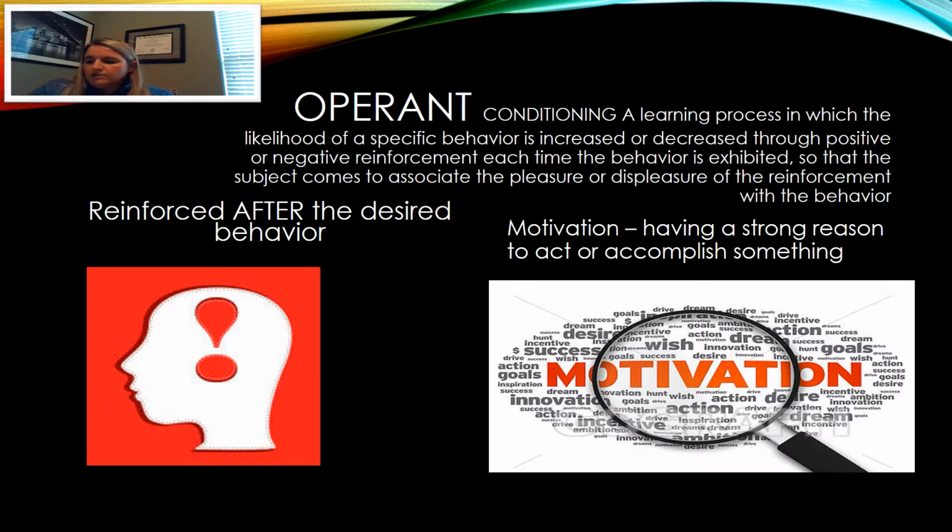The behavior operates on the environment to produce an outcome and focuses on motivation, which is when someone or something has a strong reason to do something. Classical conditioning changes only the involuntary response.